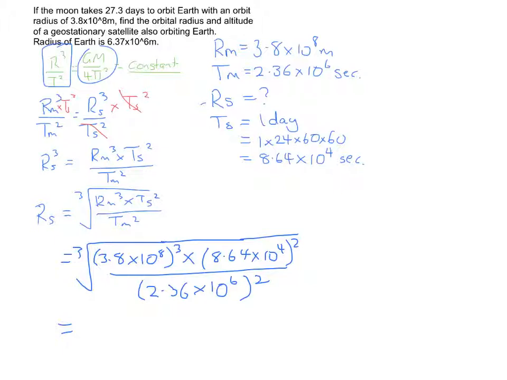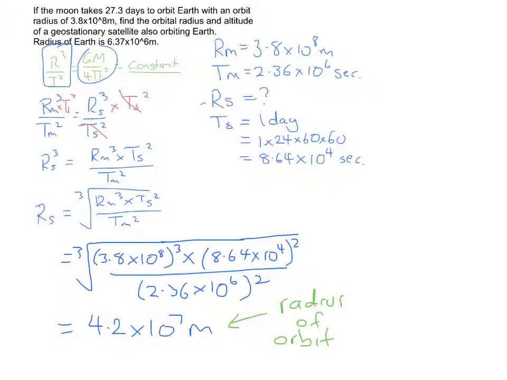That's a common mistake, is just to forget to square something. If you throw that all in, you'll get a value of 4.2 by 10 to the 7 meters. So that value there is the radius of orbit for a geostationary satellite.